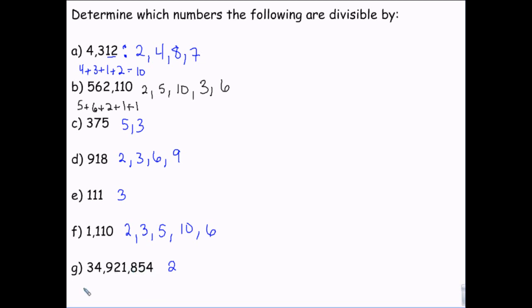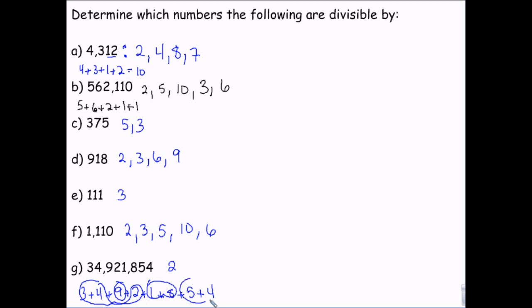We add the digits together. Okay, here's what I do. 9 makes a 9, that's divisible by 3, and 1 and 8 make a 9, which is also divisible by 3. 3 and 4 and 2 make a 9, which will divide by 3.